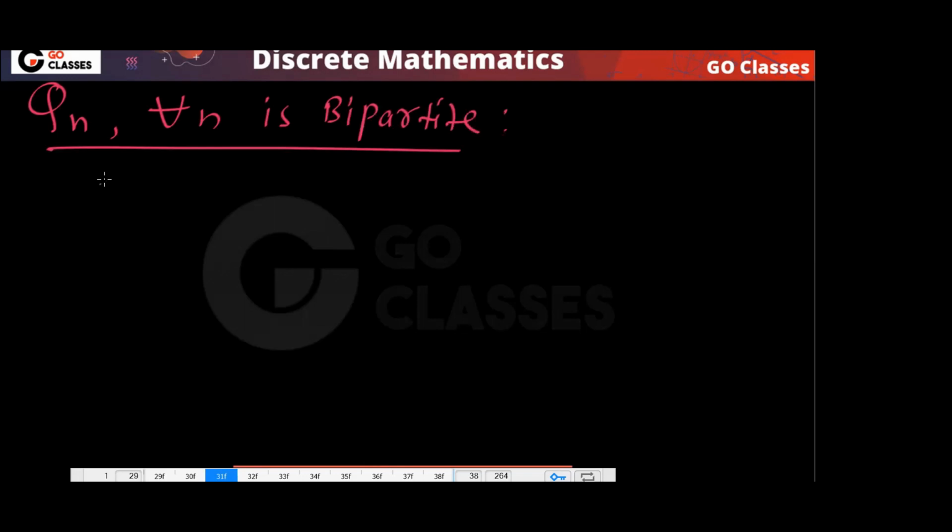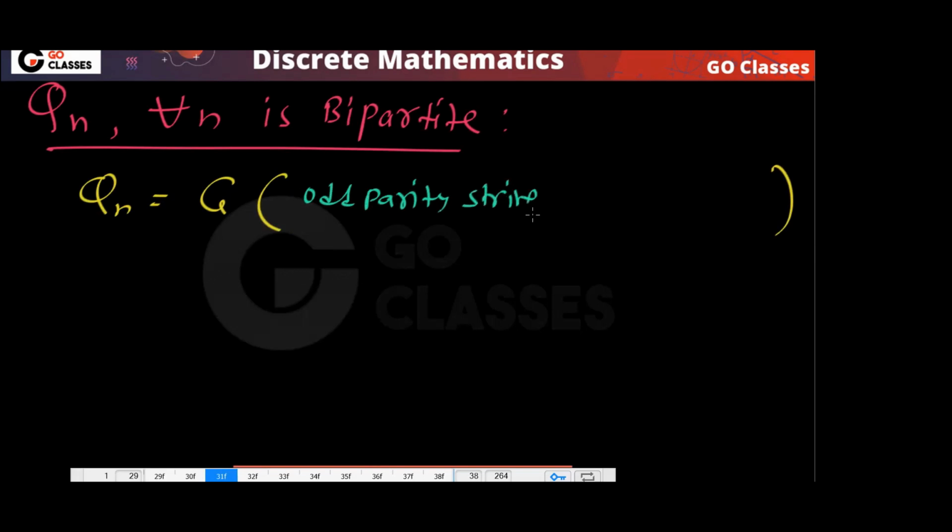And the partition, this Qn, actually I can write like this: G, where this will be the partition. Odd parity strings, you can put odd parity strings in one part. You can put even parity strings in another part. Okay, and these will be the edges.